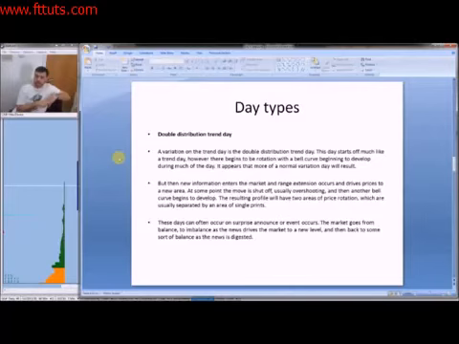The resulting profile will have two areas of price rotation, which are usually separated by an area of single prints. These days can often occur on surprise announcement or event occurrences. The market goes from balance to imbalance and then back to balance.